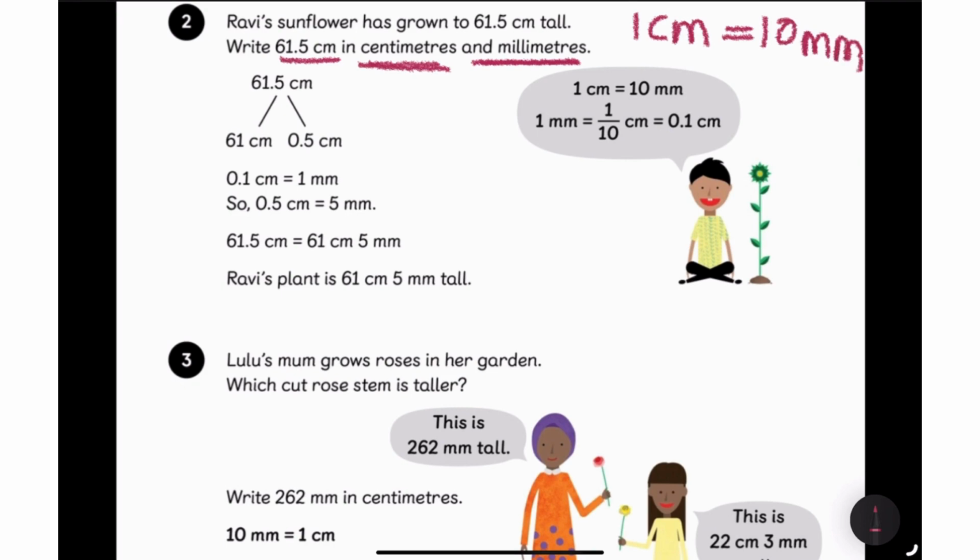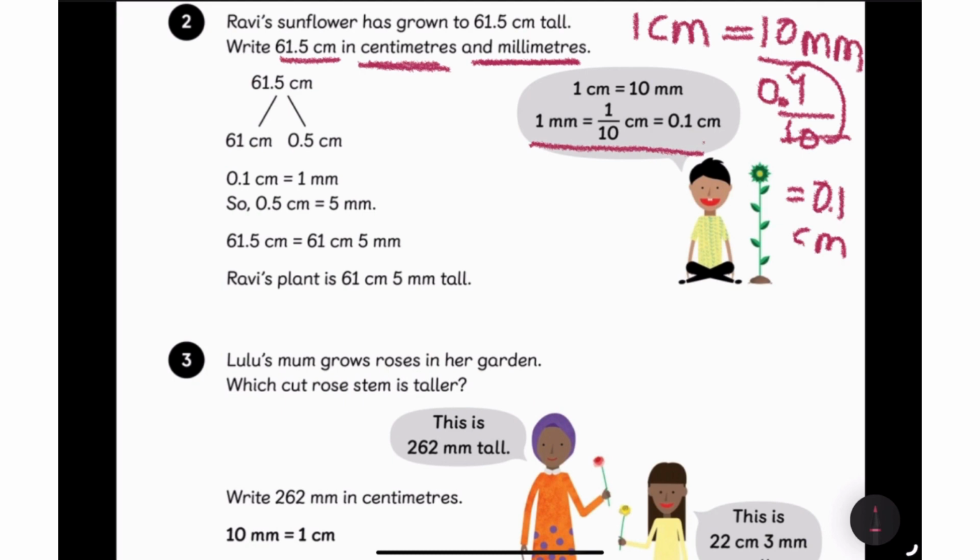So I have the key: 1 millimeter equals 0.1 centimeter, or I can write it as 1 over 10 centimeter as well. It's very important that we know our key. This is how our conversion becomes easier.